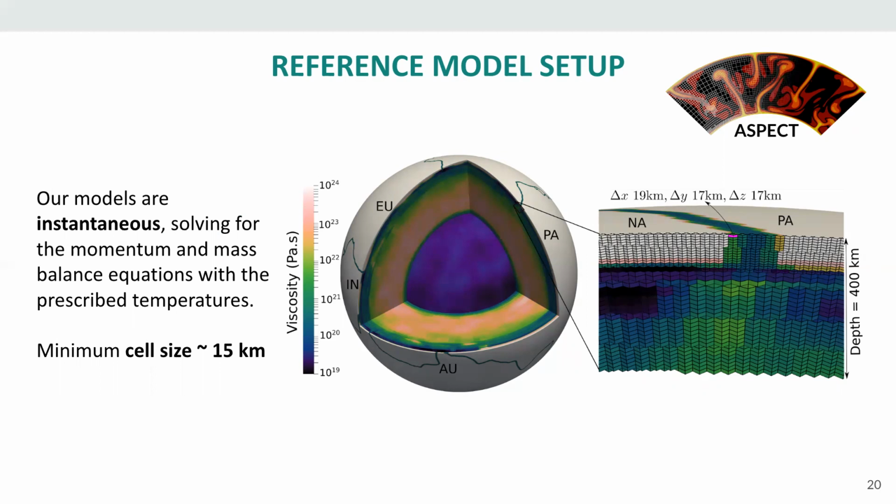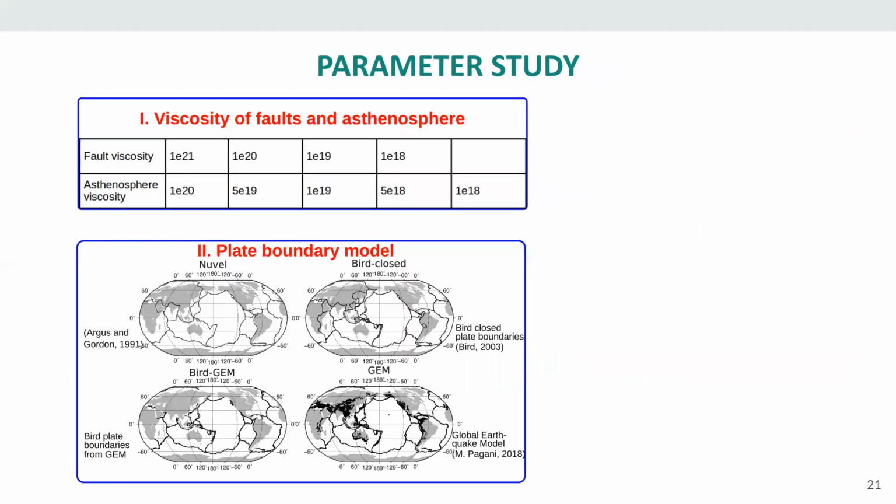We solve the equations of momentum and mass with the prescribed temperatures we compute from the tomography and another model near the surface. Running these models, we also change the friction, because what we want to do is find a model configuration that gives us model velocities consistent with the GPS velocity.